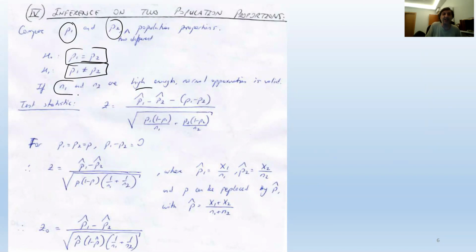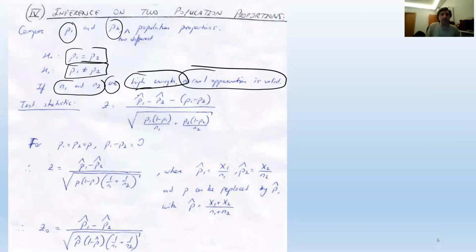If again n1 and n2 are high enough, then we can apply the normal approximation. The test statistic is going to be equal to the difference between their point estimates and their expected values, P1 minus P2, divided by their corresponding variances.